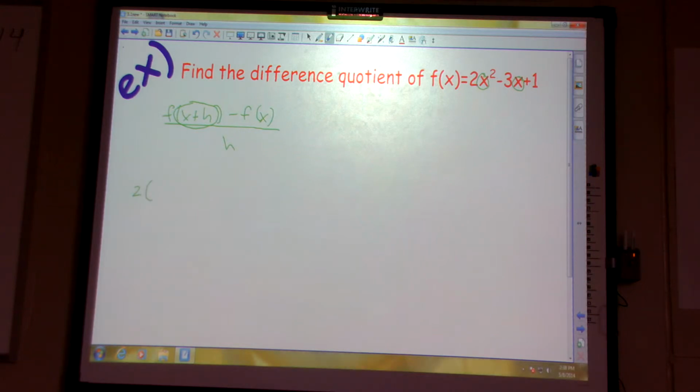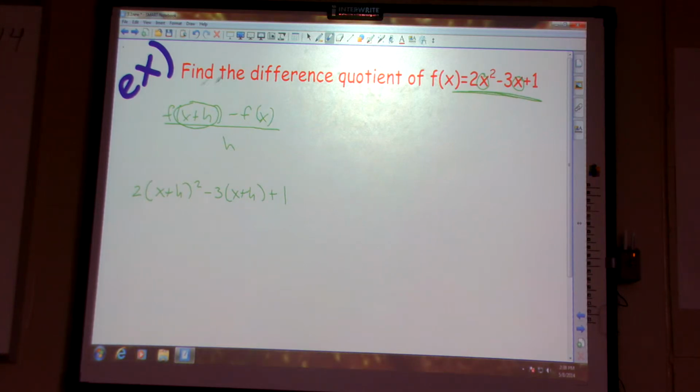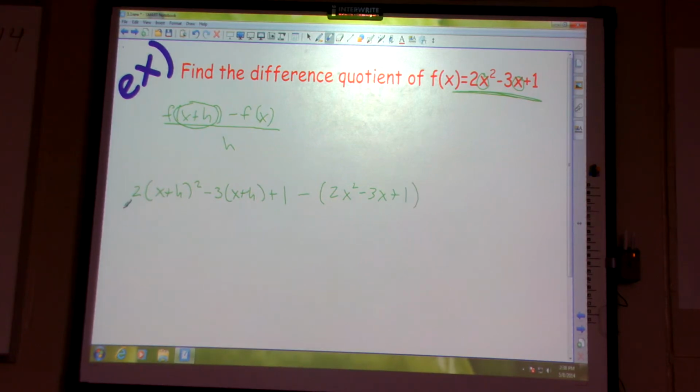So I have 2(x plus h) squared minus 3(x plus h) plus 1. So all I did was plug in x plus h. It's only the first half. Now I need to minus the entire function. So 2x squared minus 3x plus 1. All over h.